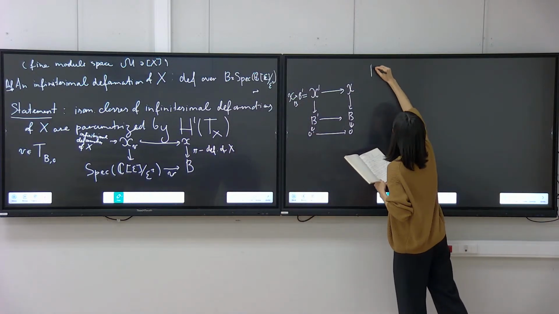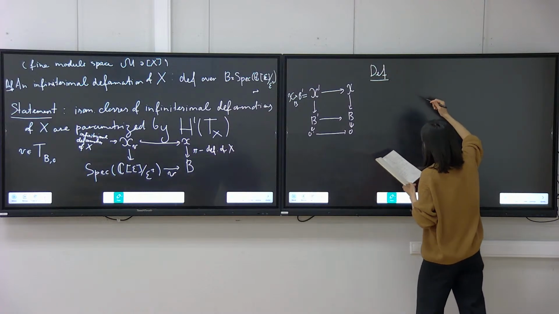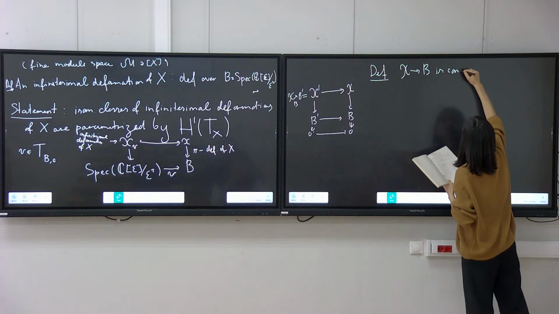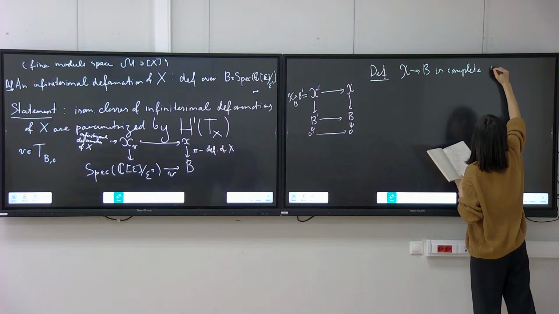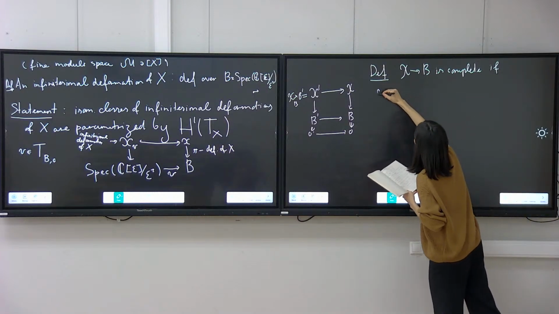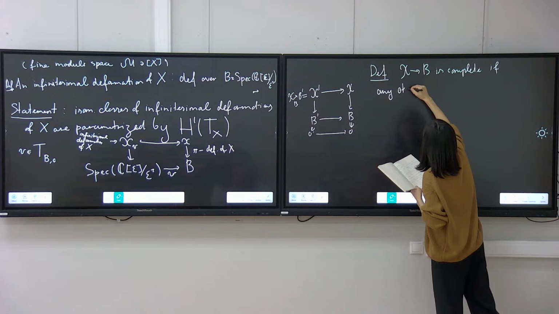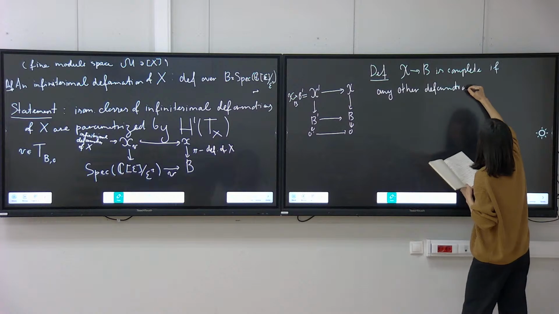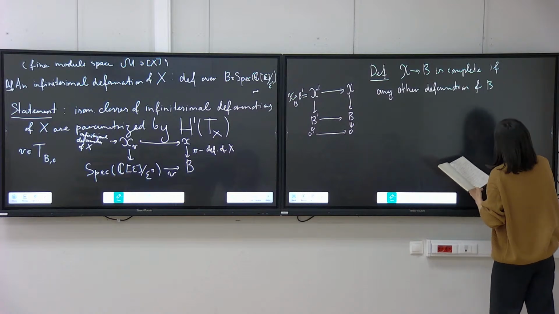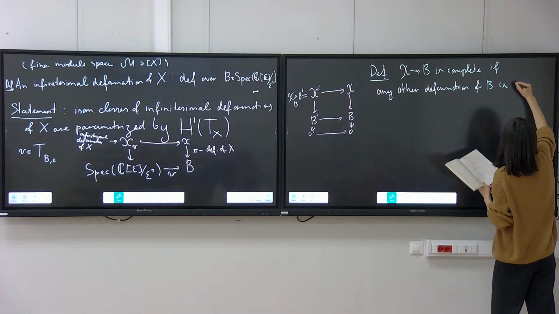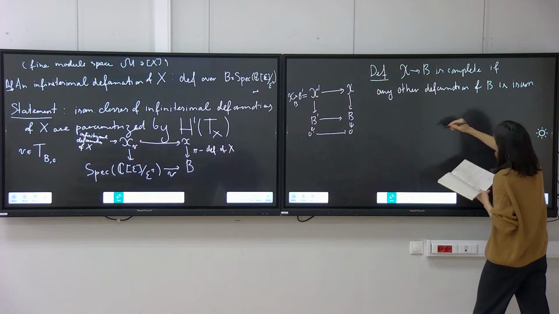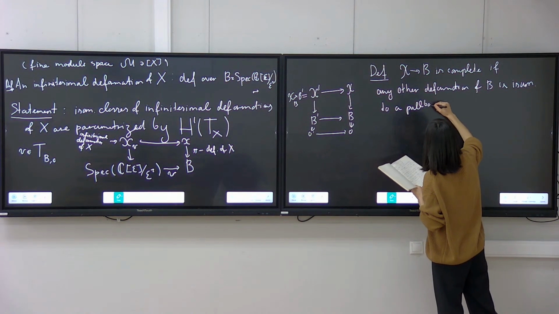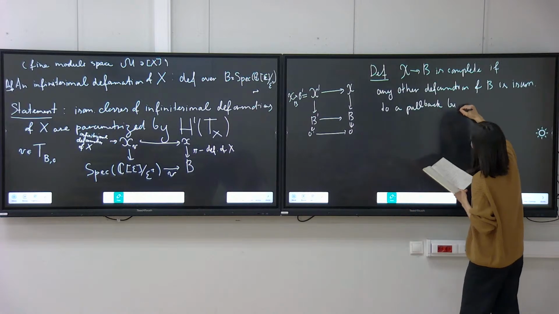Okay, and then definition: we will say that a deformation is complete if any other deformation of x is isomorphic to a pullback by some morphism.